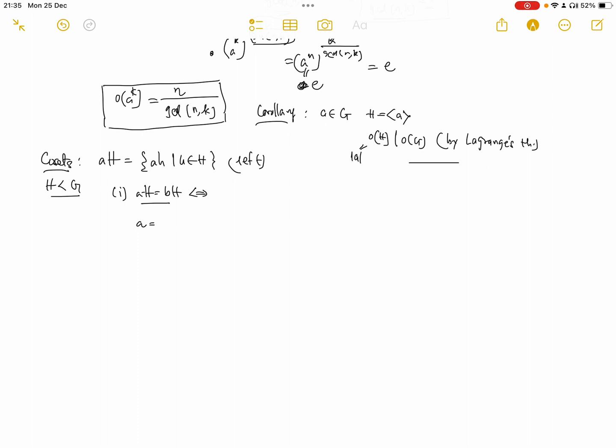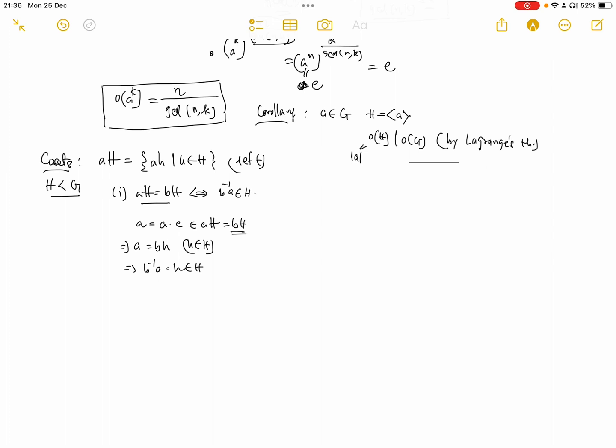Then you take the element E and you can write it as A times E, but E is in H, right? And that is the same as BH. So A is in BH. That means A is of the form B times h for some small h, because any element of BH looks like that. So you get that B inverse A is small h, so this is in H. So whenever AH and BH are the same, B inverse A is in H.